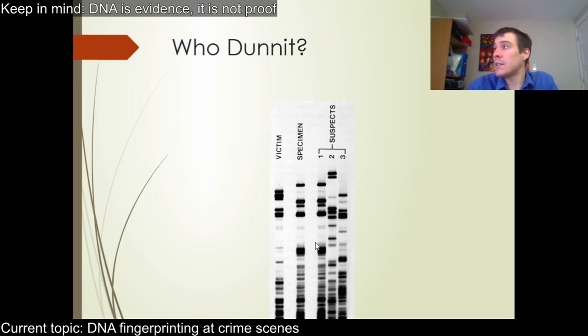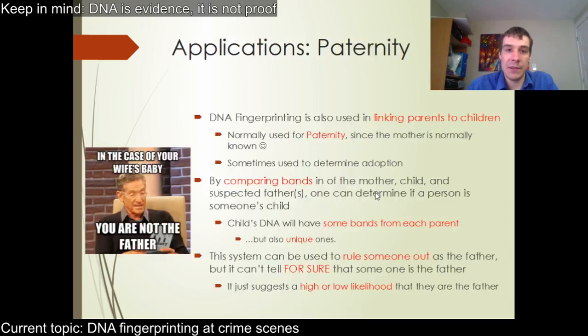But you can see that these bands are obviously in the same place with the same pattern, but they don't look exactly the same because each gel runs a little bit differently. So again, you can see the very clear matching, but they're not exactly the same. And once again, not necessarily that the suspect did it, just that it matches the specimen that was found.